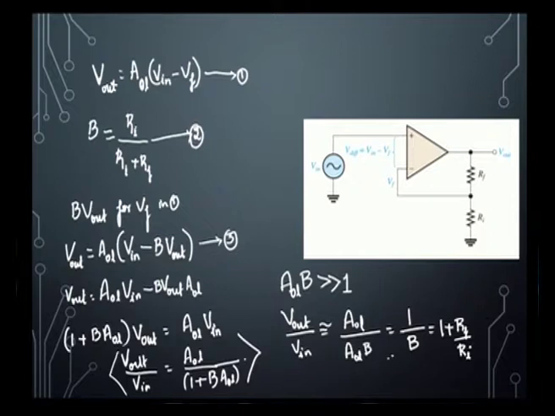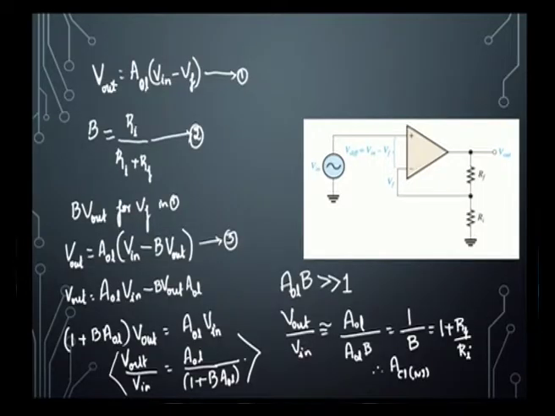So, finally we get the closed loop non inverting gain ACLNI equal to 1 plus RF divided by RI.